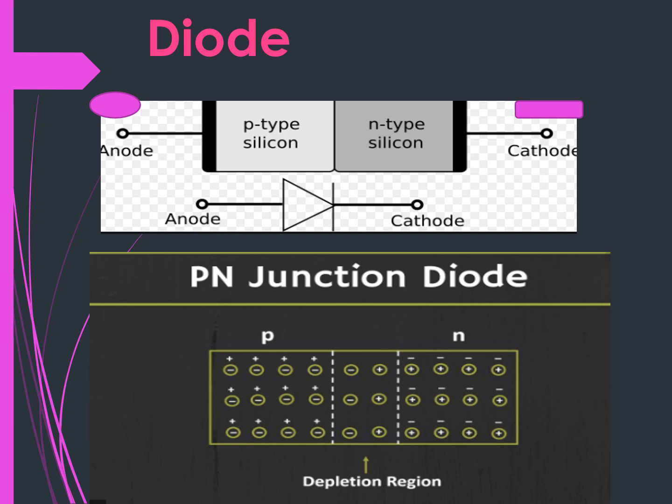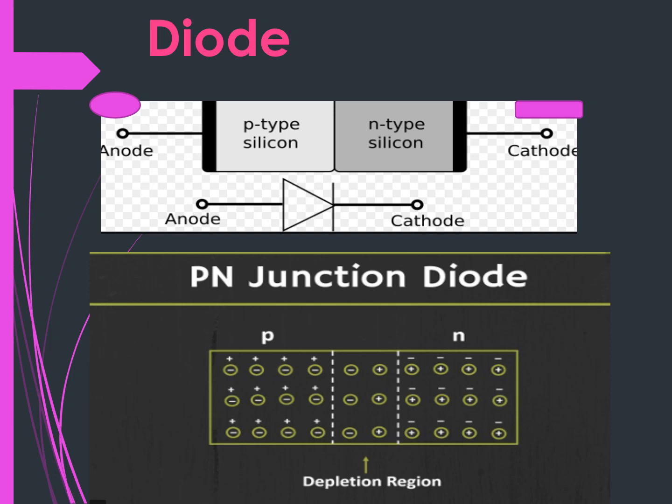So the next topic is the PN junction or diode. This is a very important topic. So what is a diode? When a p-type semiconductor and an n-type semiconductor are brought together into contact, it forms a PN junction or a diode.